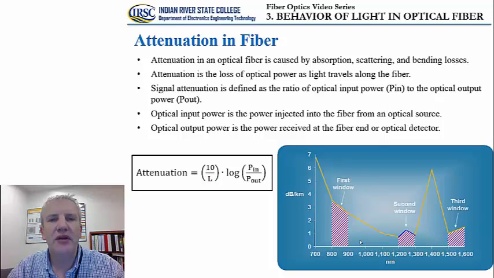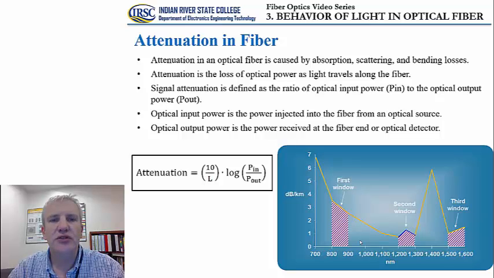We would be comparing these two powers. We'll see that they are different. We'll see that the output power that's getting out of the fiber at its end is going to be less than the power of light or the signal that we launched into the optical fiber due to so-called attenuation.